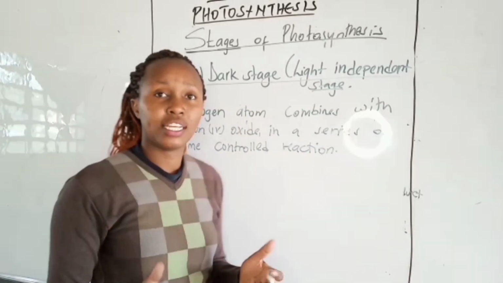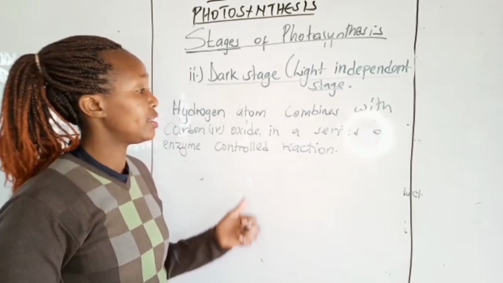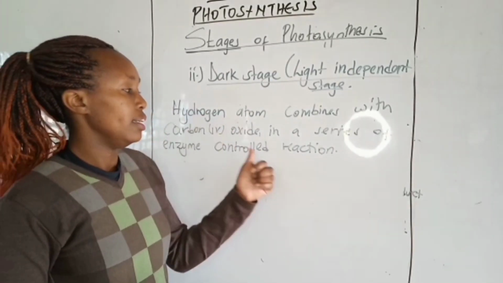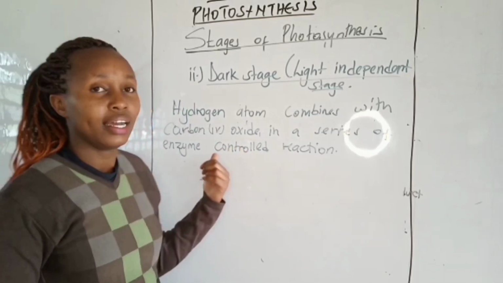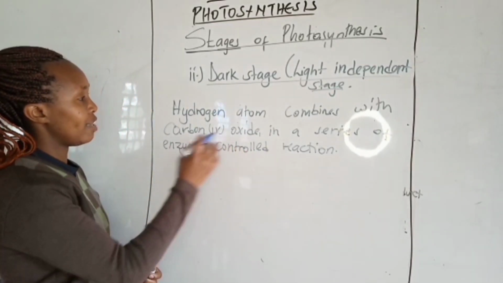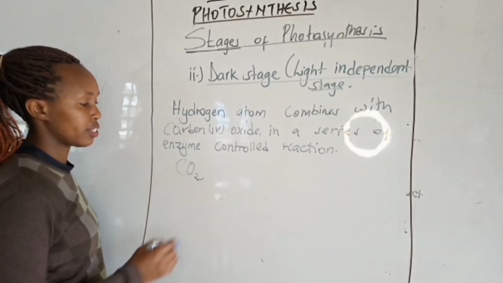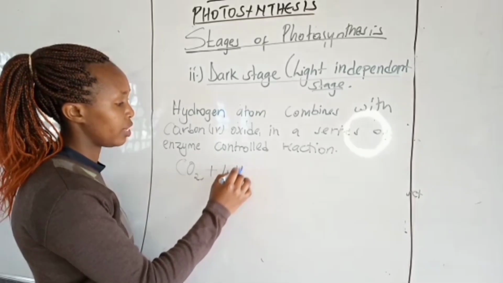So hydrogen atom formed from the first stage will combine with carbon dioxide here, and the reaction is going to occur in the presence of enzymes. So we have carbon dioxide reacted with the 4 hydrogen atoms we got from the first stage.